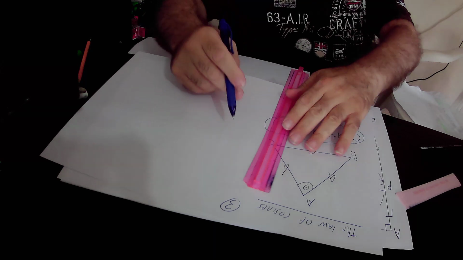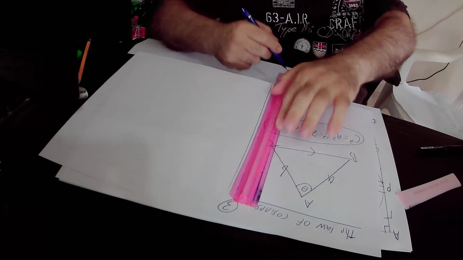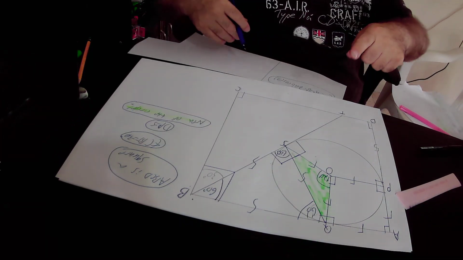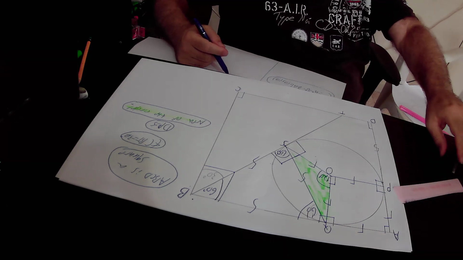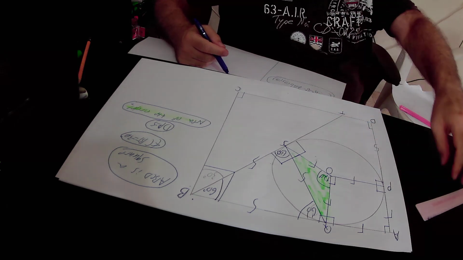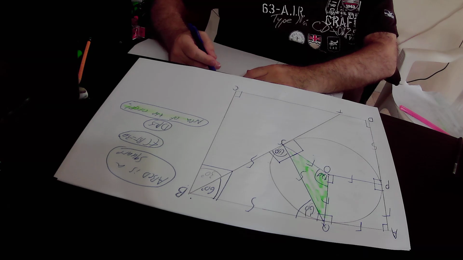In the next step, we'll implement the law of cosines in triangle QOS. So I copy triangle QOS in a new page and we'll implement the law of cosines in this triangle.